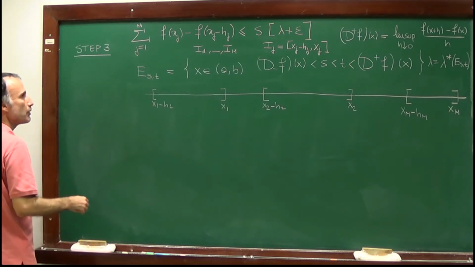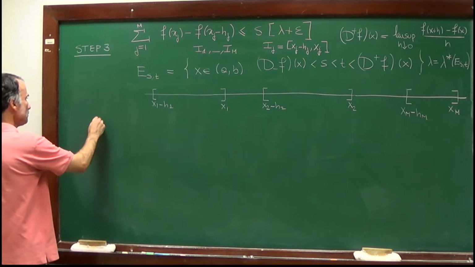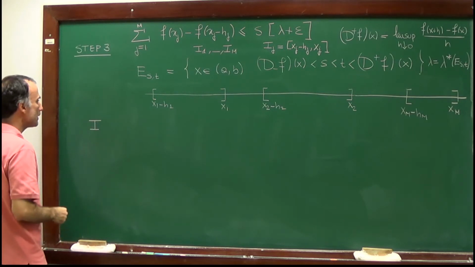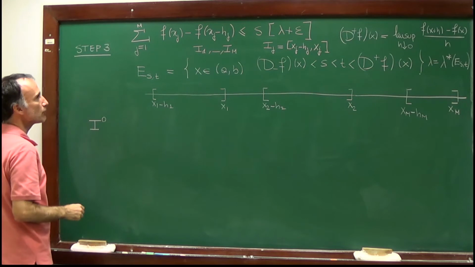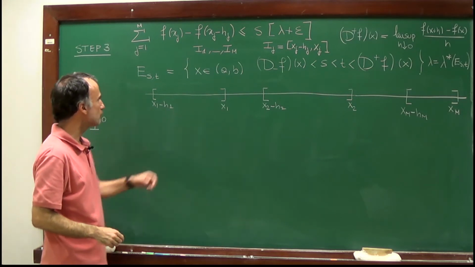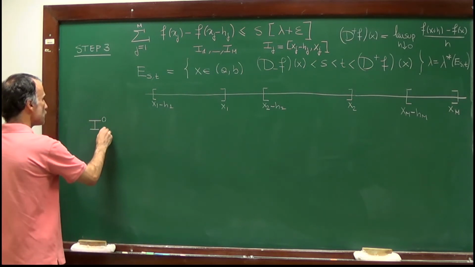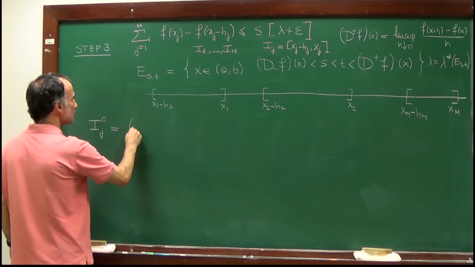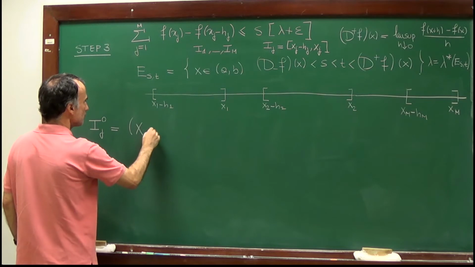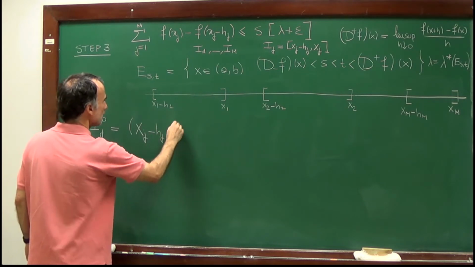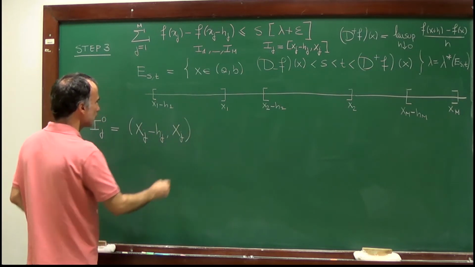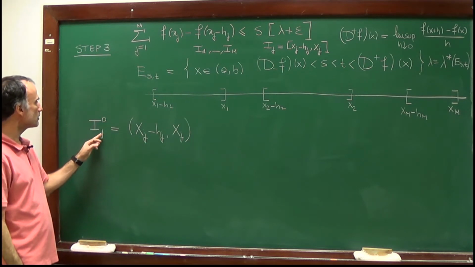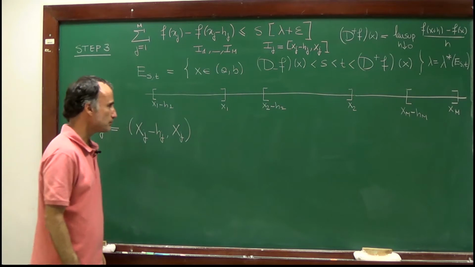Now I will introduce a new set, and for the definition of this new set, I need to replace these closed intervals by open intervals. So I_j^0 will be the interval (xj minus hj, xj). So these are just taking the same intervals, taking the interior points of the intervals Ij.